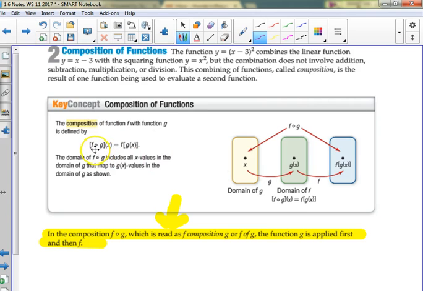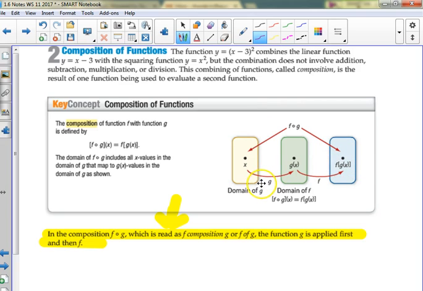So when you have put g into f, you have the domain of g and all the values for which it is okay to put it into g. Wait, domain of g. Domain of f has to come from the domain of g. And then it's in the domain of both, or the new f of g.